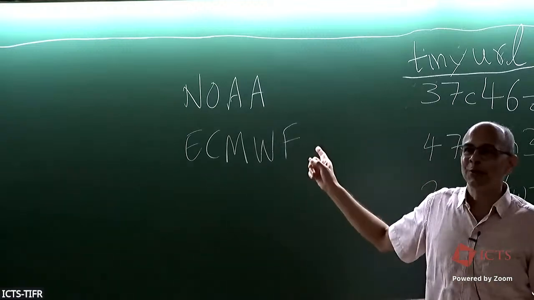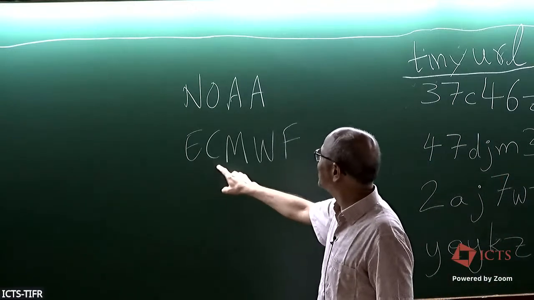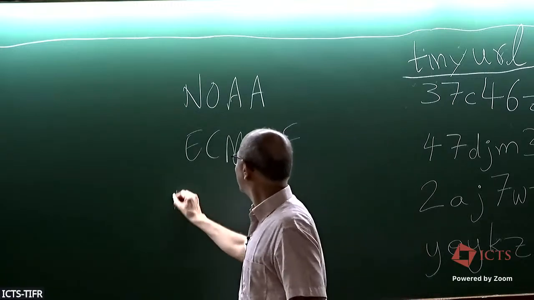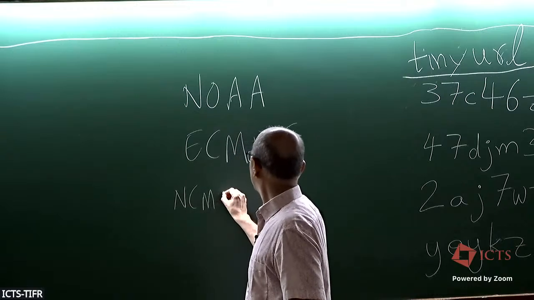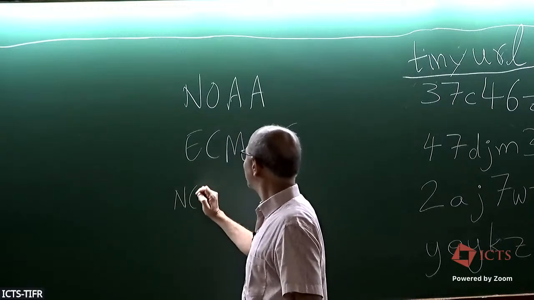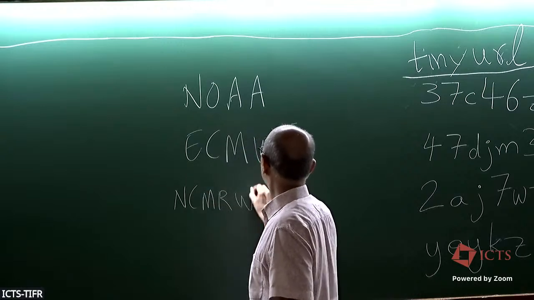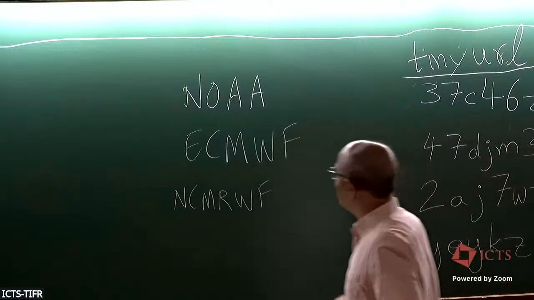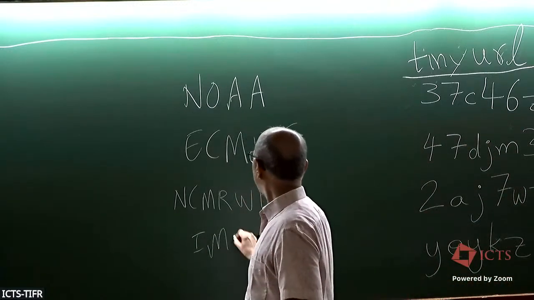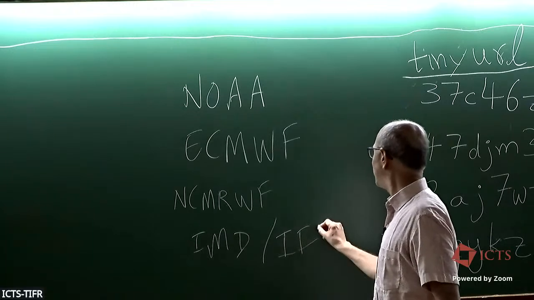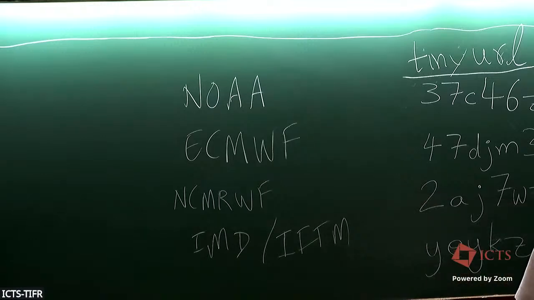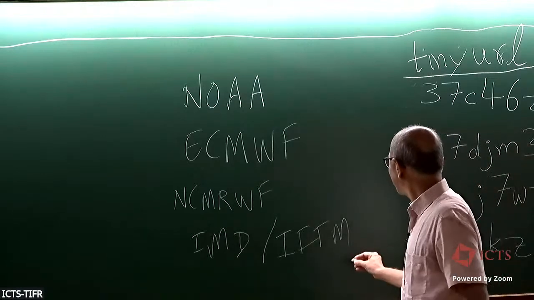And the Indian counterpart of that is NCMRWF, the National Centre for Medium Range Weather Forecasting. Of course, IMD, essentially through IITM Pune, Indian Institute of Tropical Meteorology, Pune. This is not the IITM that is probably most familiar to this set of people. This is IITM Pune.